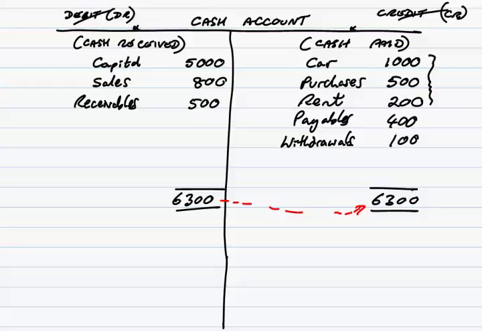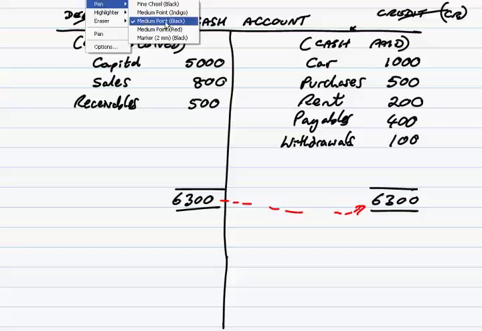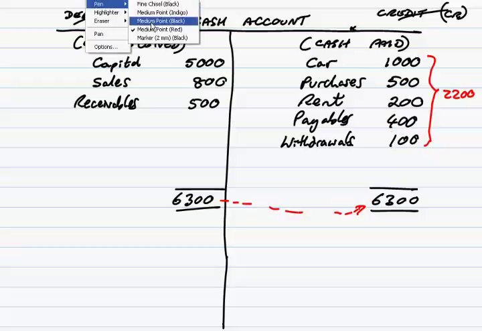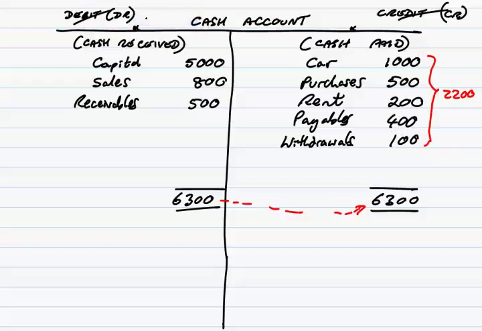If you add up what we've paid, it comes to 2,200. And so if we've received 6,300 and paid out 2,200, what's left must be the difference.